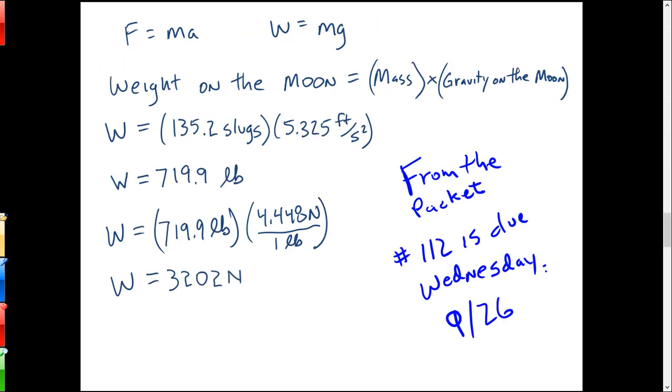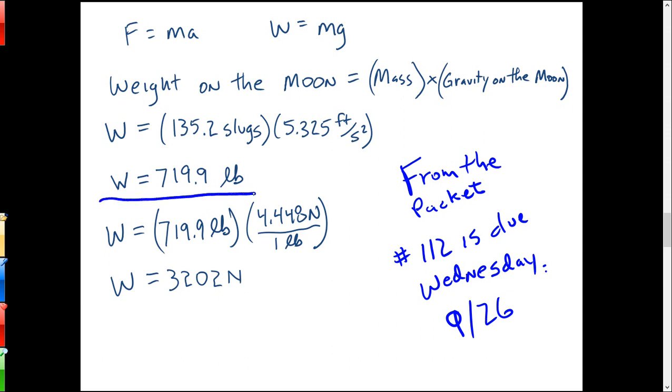However, the weight on the moon will change. It'll be different than the weight on the Earth because the gravity on the moon is not as strong as it is on the Earth. So the weight on the moon will be the mass, the 135.2 slugs, times the gravitational acceleration on the moon, which is different than it is on the Earth. It's 5.325 feet per second squared.